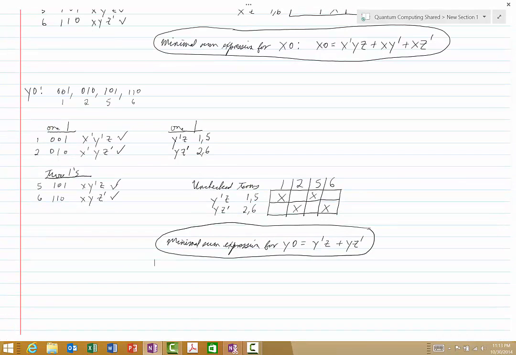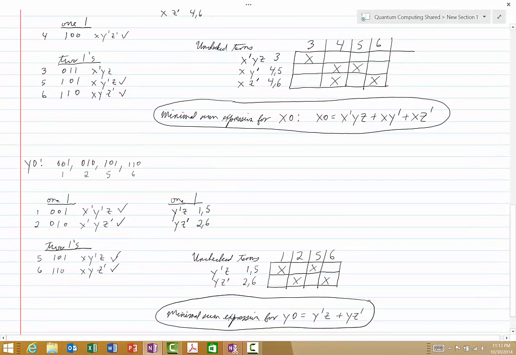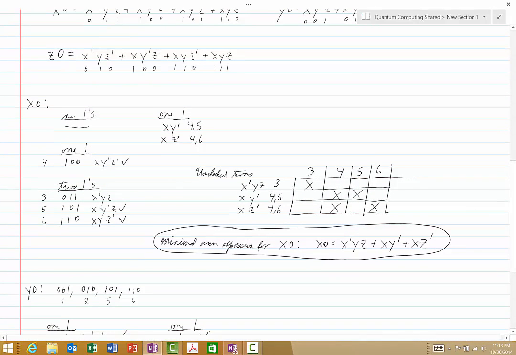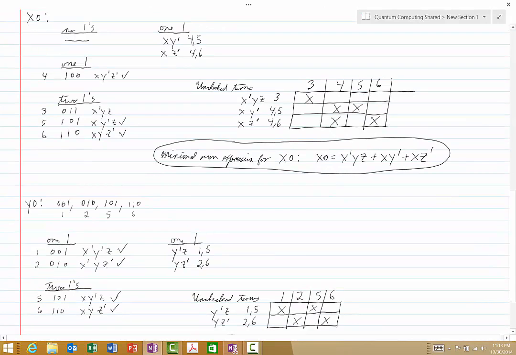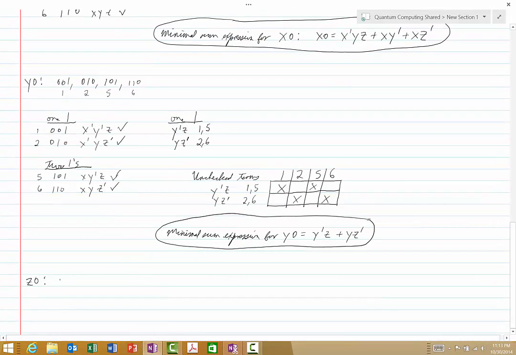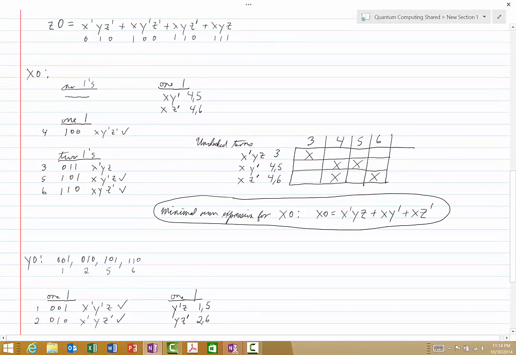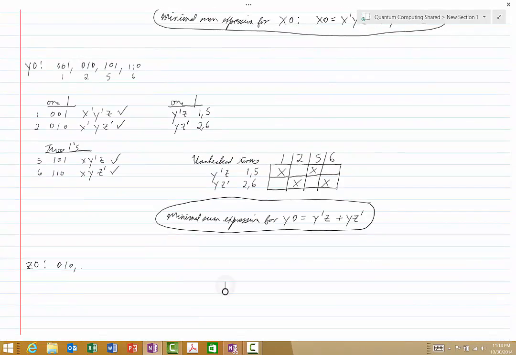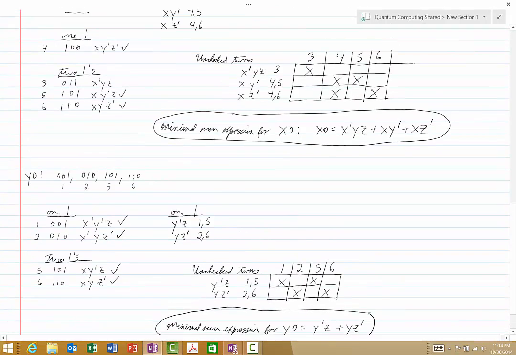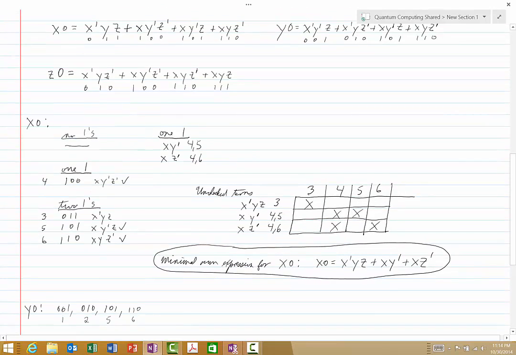And so now we're down to the last one, ZO. For ZO, we have 0, 1, 0, 1, 0, 0, 1, 1, 0, and 1, 1, 1.